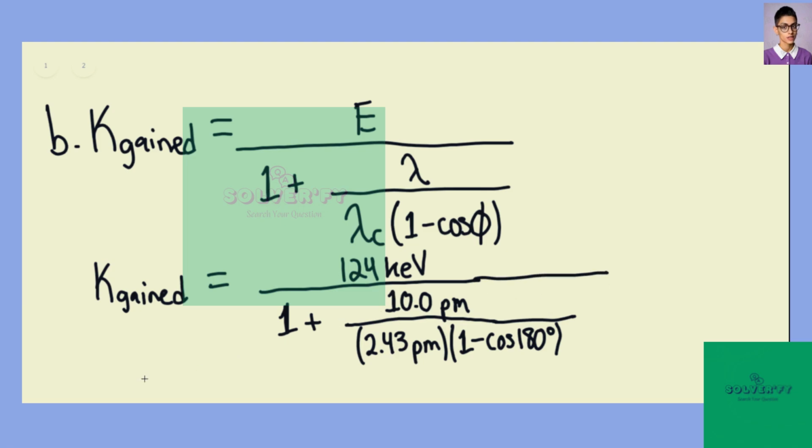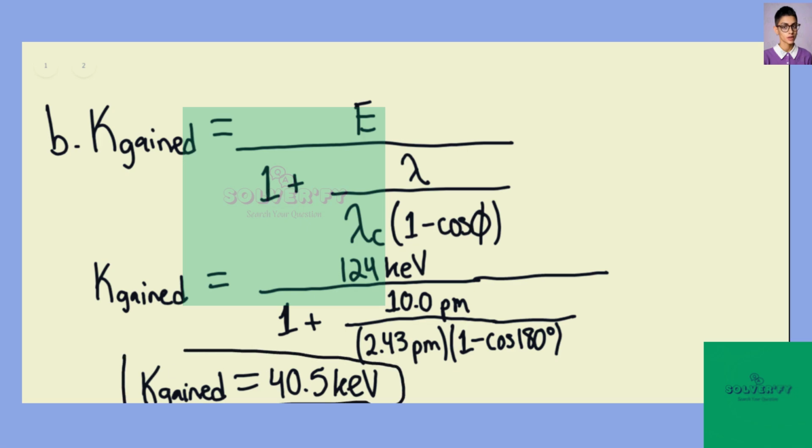And so we find that the kinetic energy gained is going to be equal to 40.5 kilo electron volts. This would be our answer for part B.